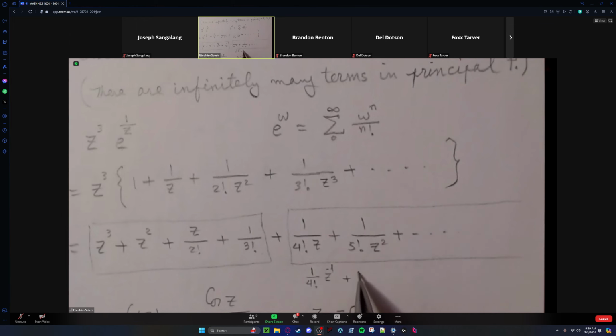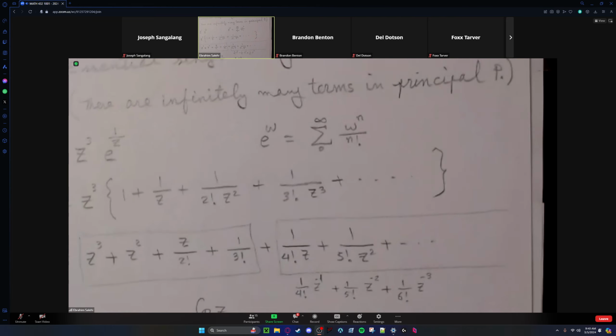Here I have 1 over 5 factorial z to the negative 2. The next one, 1 over 6 factorial z to the negative 3. You see, this part goes forever. So this is the part which we call the principal part. And how many terms do I have in the principal part in this case? Infinitely many. That is when we call it an essential singularity.